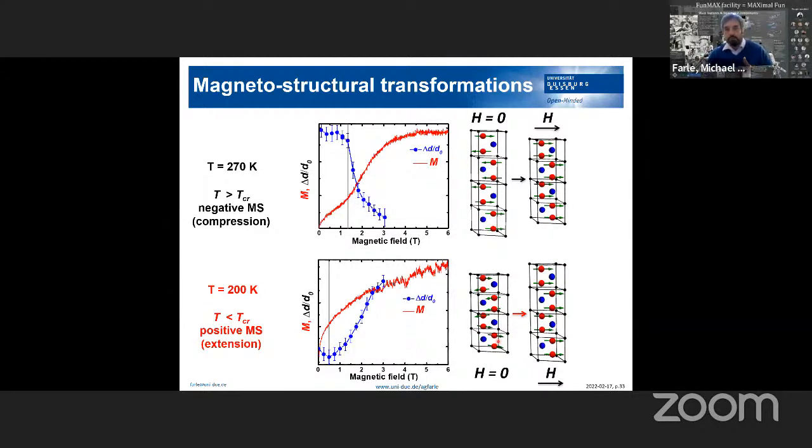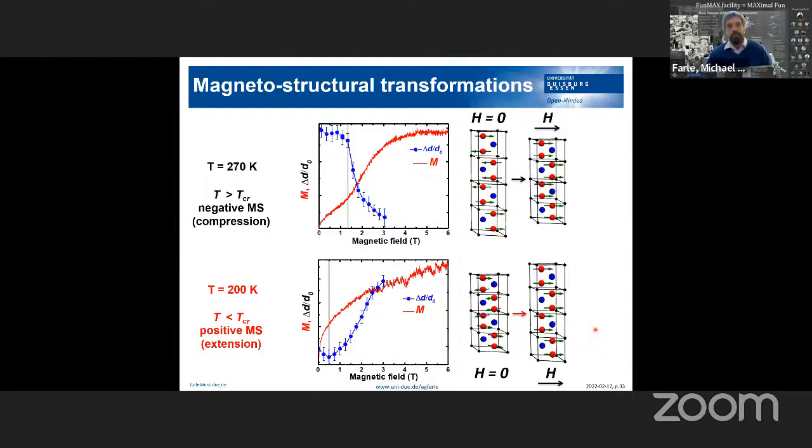So they are non-collinear, but more antiferromagnetic in zero field. Now, if we apply a magnetic field, like putting all the magnets parallel, then the lattice expands and becomes closer to this lattice constant, but not to this one. So there are still open questions to understand that. Everybody is welcome to give suggestions later on.